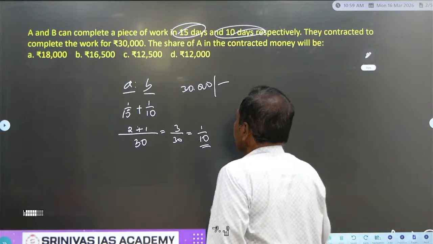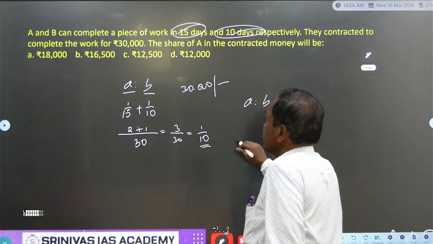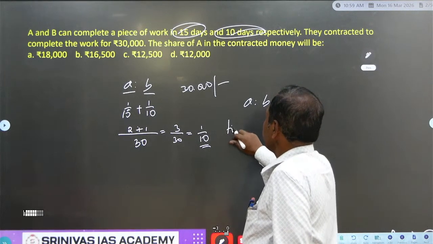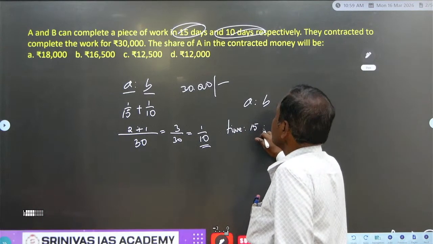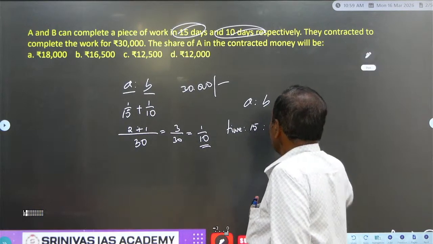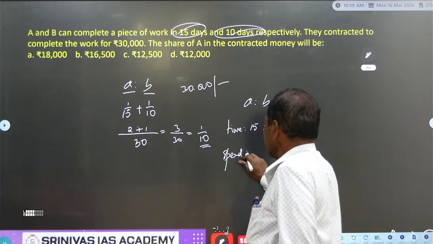A is to B: A can complete the work in 15 days, B can complete the work in 10 days. This is the time. Now the ratio of speed of work is required. Sir, 2 plus 3?